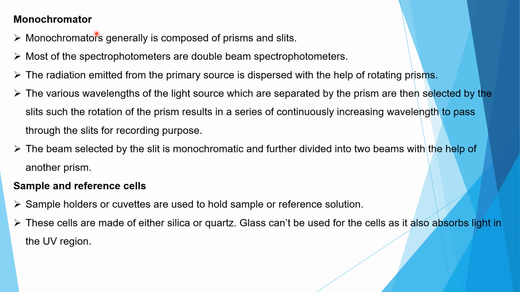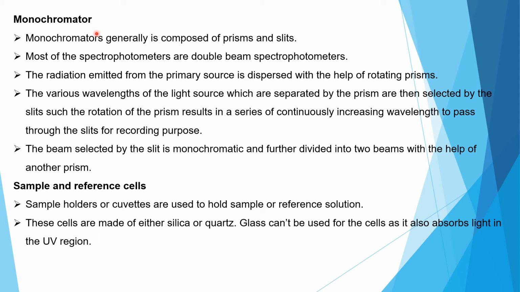The basic function of this monochromator is to convert polychromatic radiations into monochromatic radiations. From various wavelengths we will select a single wavelength, and that will be done with the help of this monochromator.